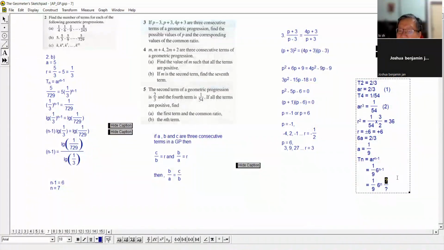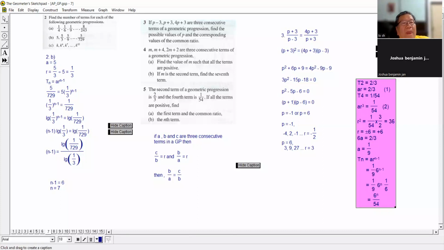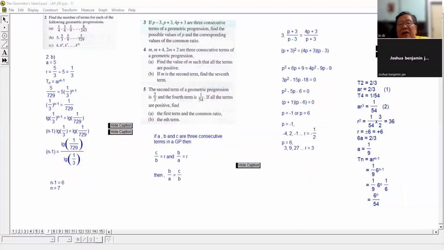So it will be like this. 6 times 9 is 54, so it's 6 to the power of n divided by 54. Okay, so this is the answer. Right.